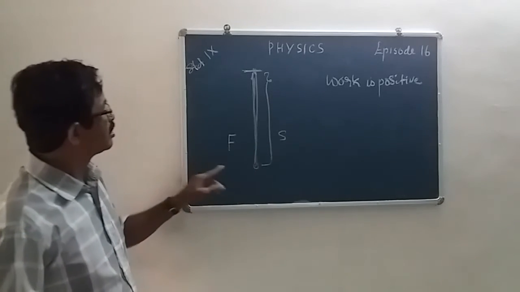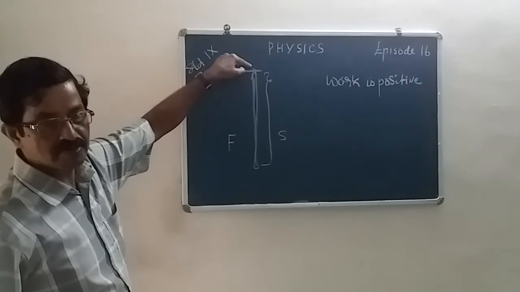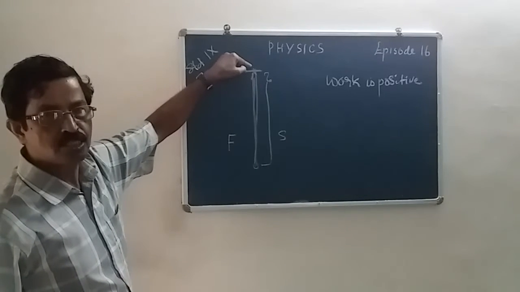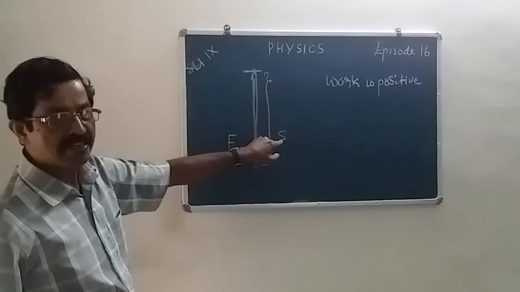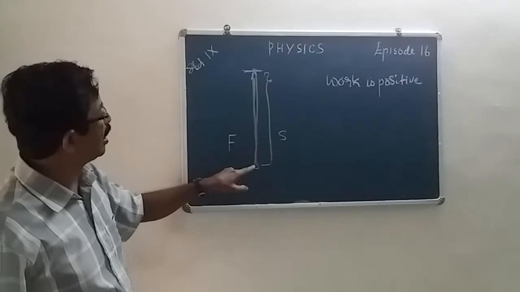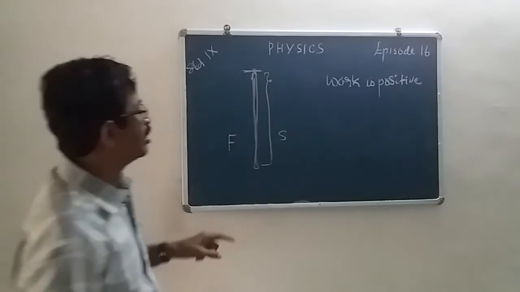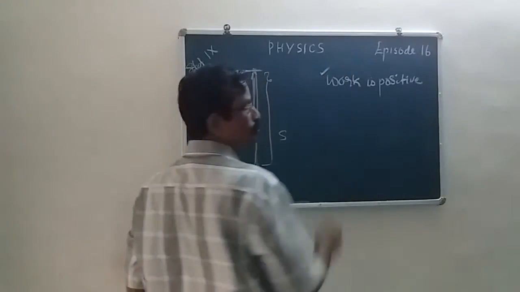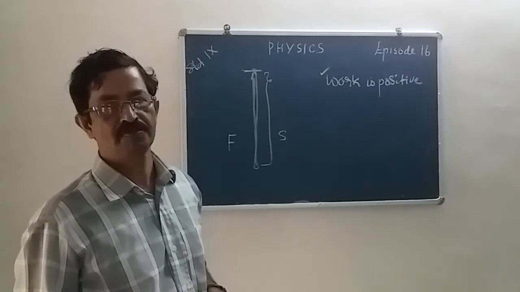See, when we consider the upward force that we applied to throw the stone, and the displacement, here force and displacement are in the same direction. So here the work is positive.